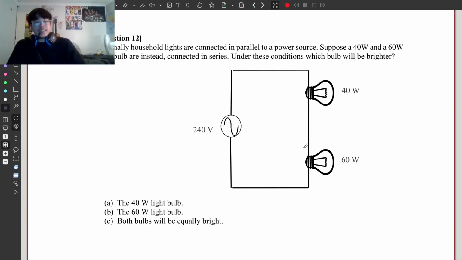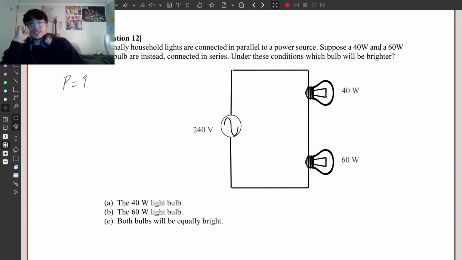But because these are connected in series, we know that there will be a voltage drop across the resistors. So we actually need to do a little bit of computation to figure out what the actual power of each of these light bulbs is. So first we can do V equals IR, but okay, now we would need to use a power equation.